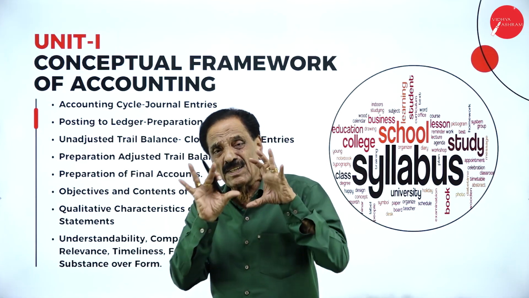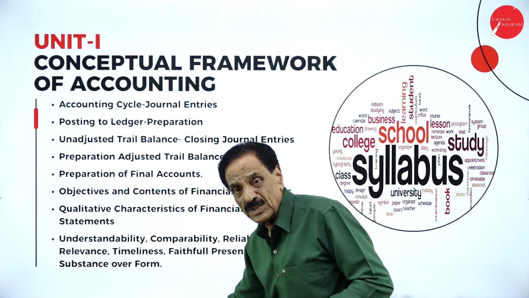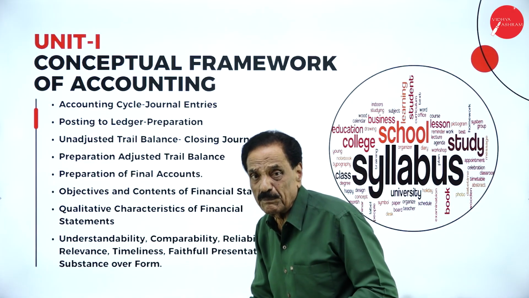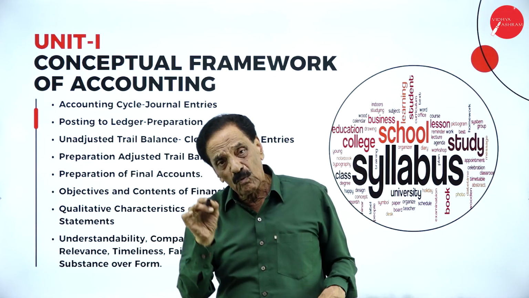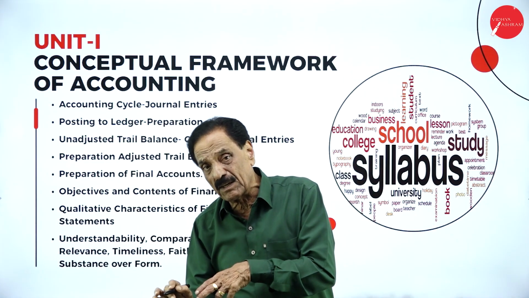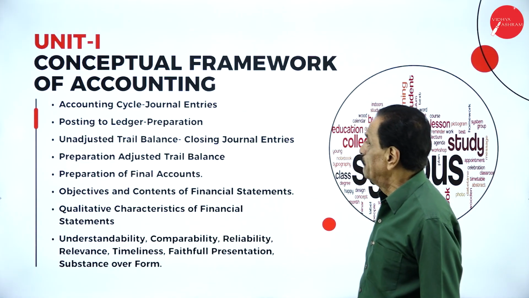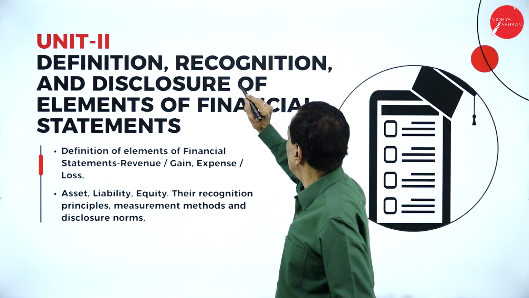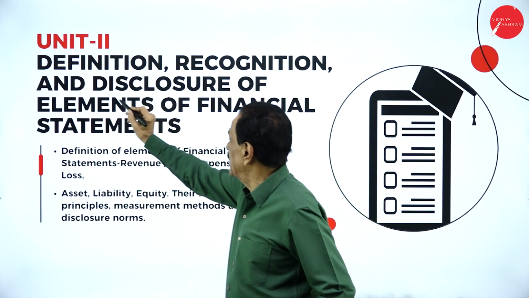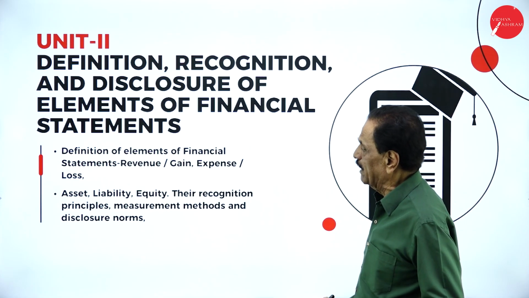So here, just a bit of each of these items: what the accounting cycle is, how the accounting cycle will be prepared, what a journal entry is, what a trial balance is, what adjustments are to be made, and if adjustments are given, how to put them in the trial balance. All will be explained now.